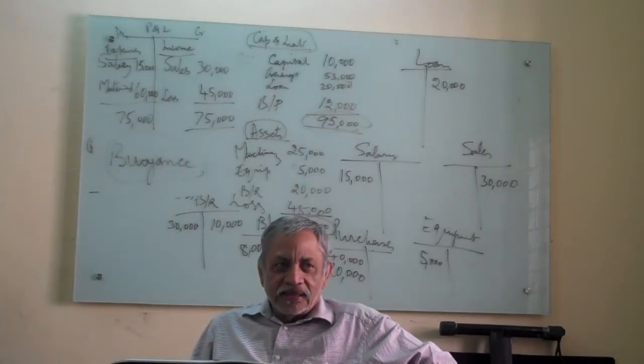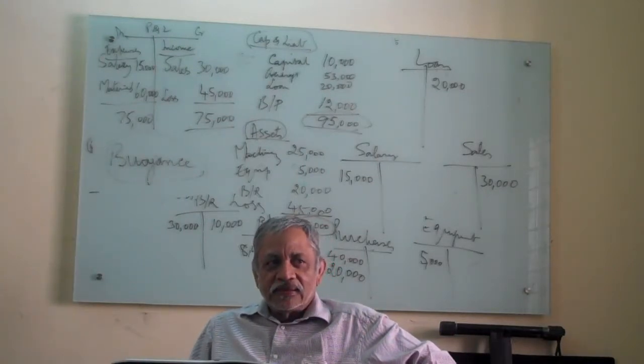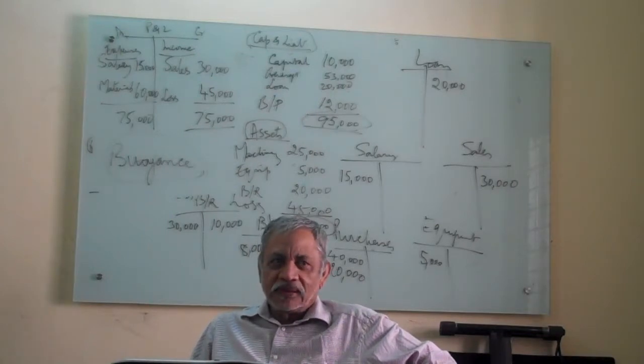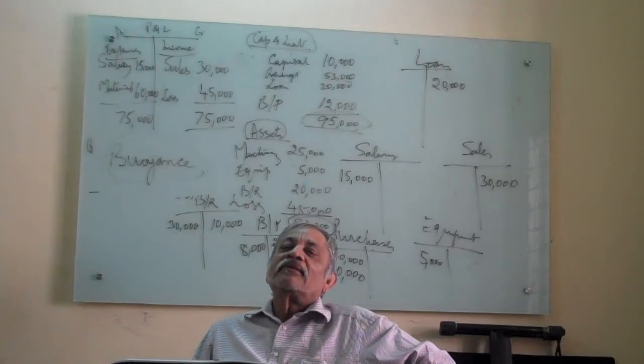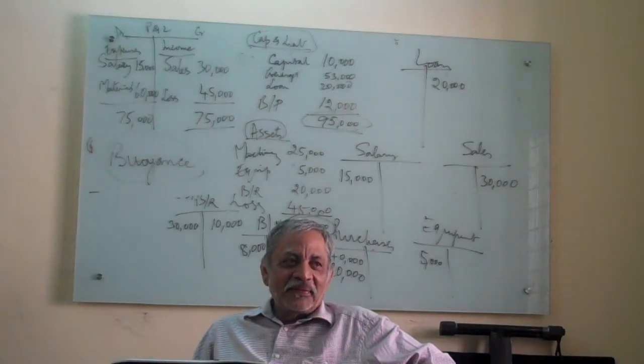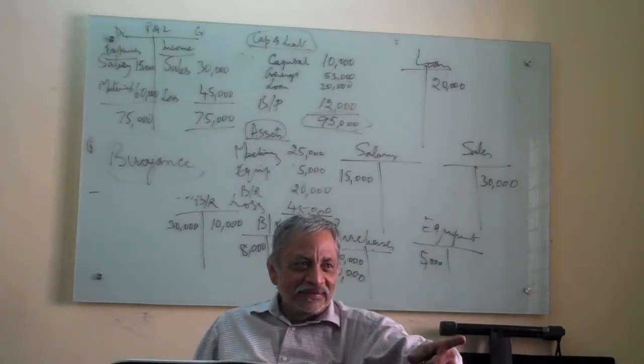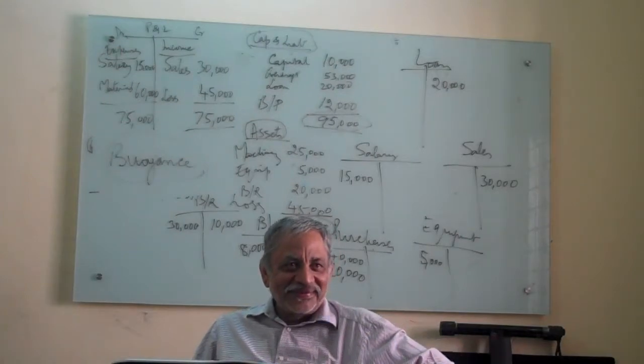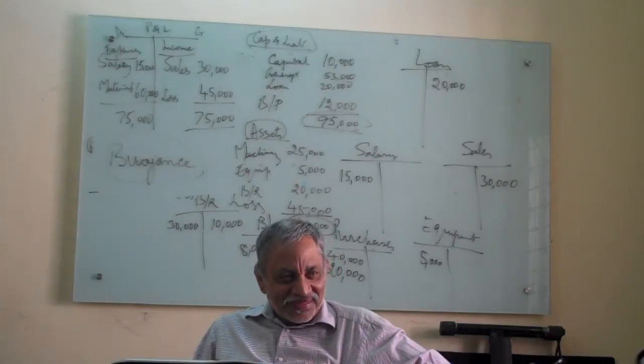And similarly, there is an error of principle. I have put salary in the balance sheet and bills payable in the profit and loss account. It is an error of principle. I put loss as a liability in the balance sheet, not as a loss.